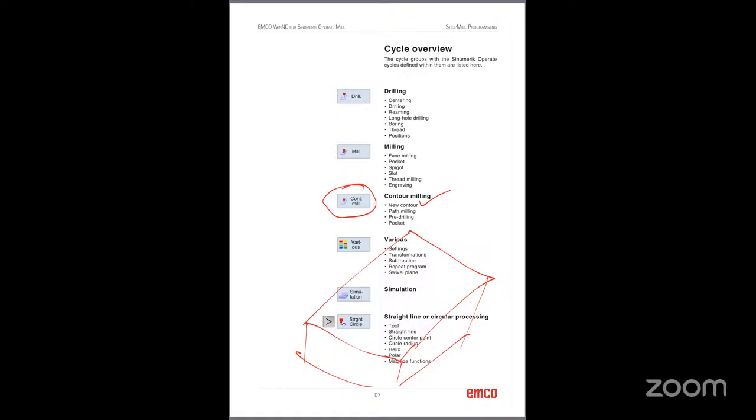So path milling means once you prepare your contour, if you use path milling, the tool will follow that contour. Pre-drilling means before doing the pocket milling or contour milling, we will do this drilling. Pocket machining based on a contour is what is called pocket contour milling.